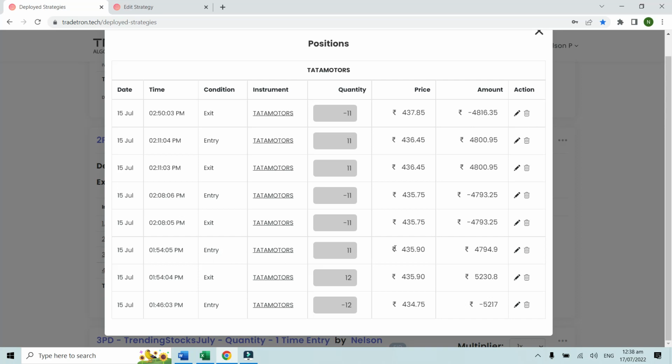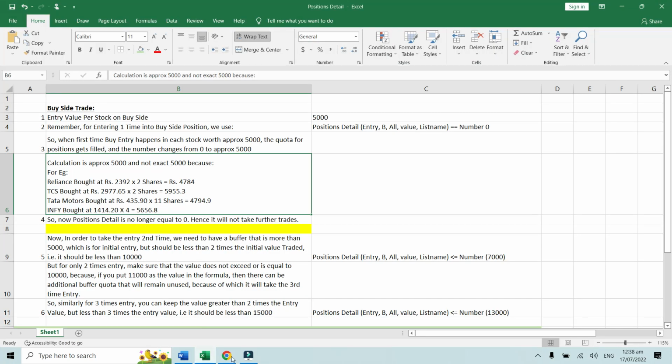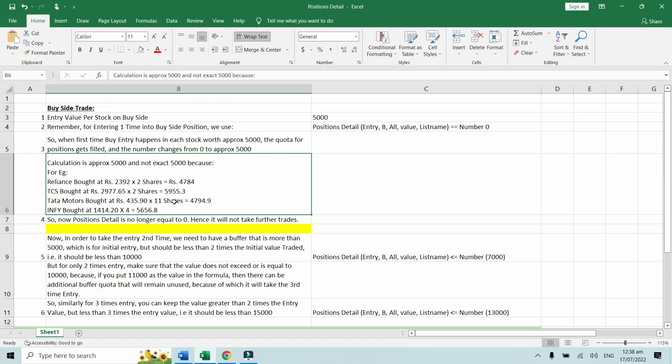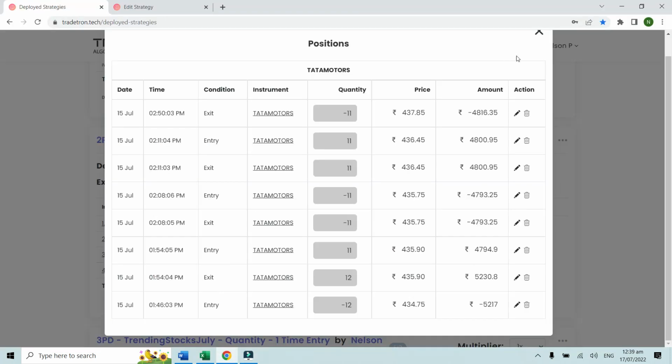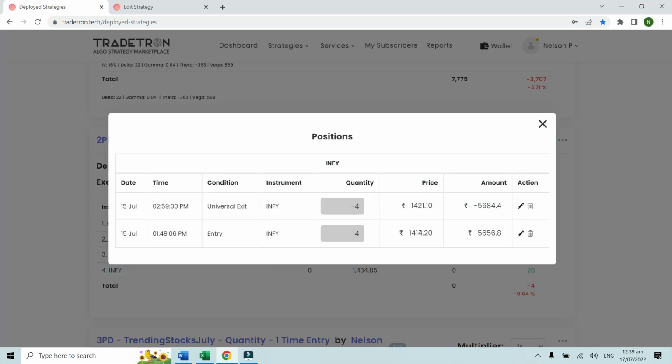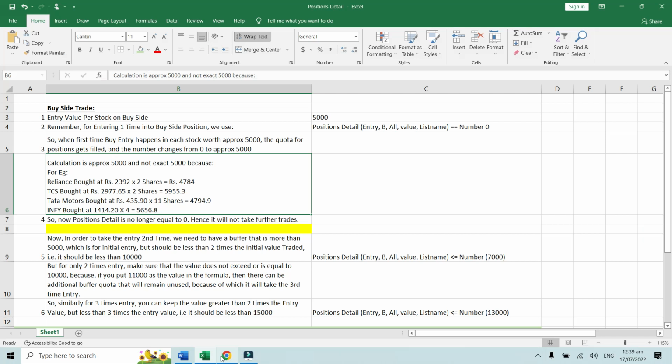It bought at 435.90 into 11 shares, which comes to around 4,794 as the value of the trade. And for Infosys, the price is 1414, and it bought 4 quantity at 1414, so that value comes to around 5,656.8.